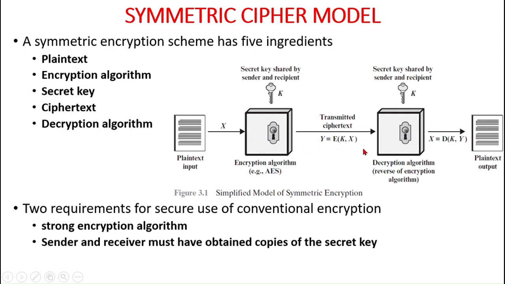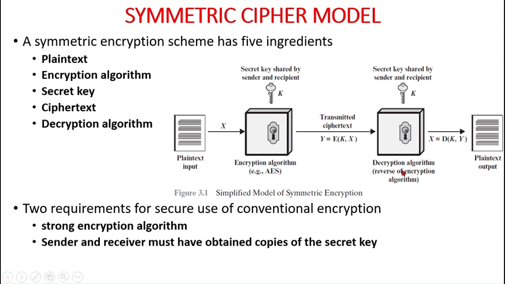And then this is transmitted over the transmission medium or unreliable channel, and whenever it arrives at the receiver, whatever the encryption mechanism we operated, we need to perform the reverse operation. So the secret key shared between the sender and the recipient is used so that the ciphertext is converted into plain text.